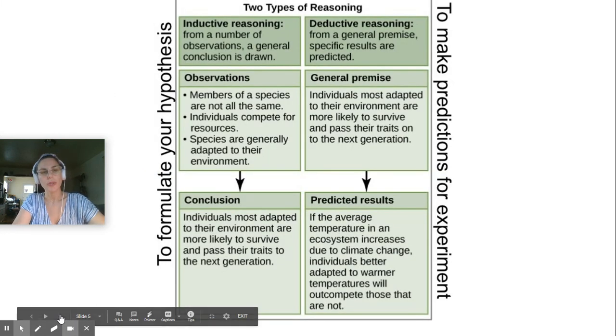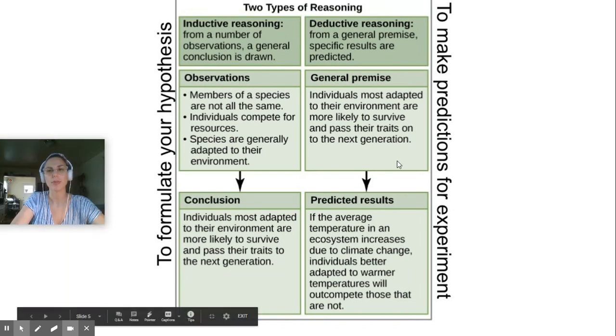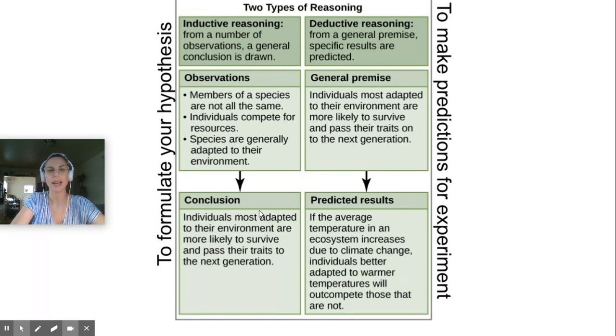Okay, so how do we formulate a hypothesis? Basically there's two types of reasoning, and one helps us in formulating a hypothesis. One helps us in formulating a prediction for the experiment. So first, we'll talk about inductive reasoning, which is what we'll use to formulate a hypothesis, okay? And inductive reasoning comes from lots of different observations.